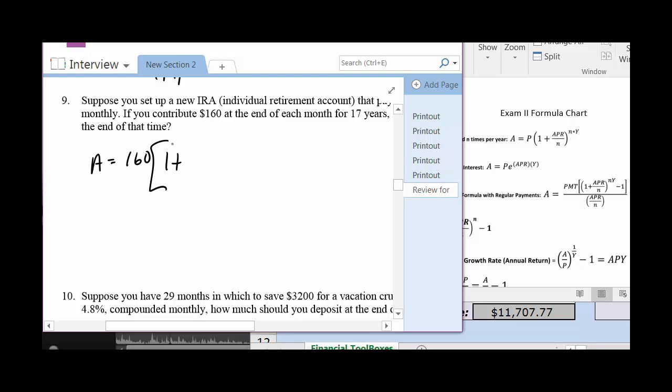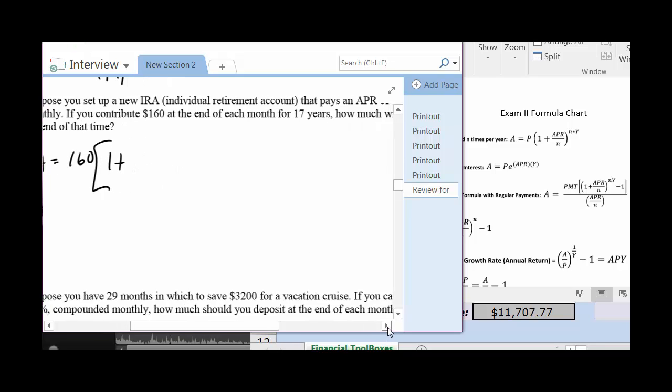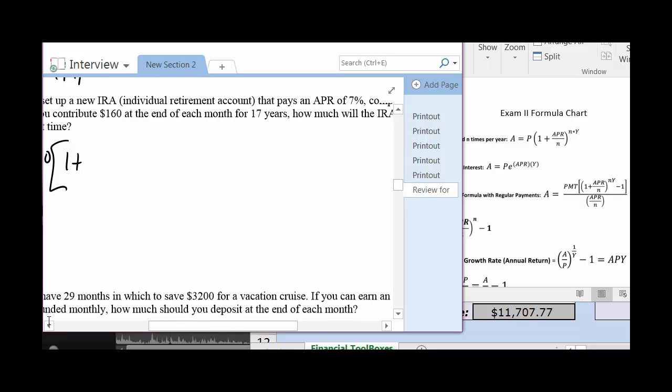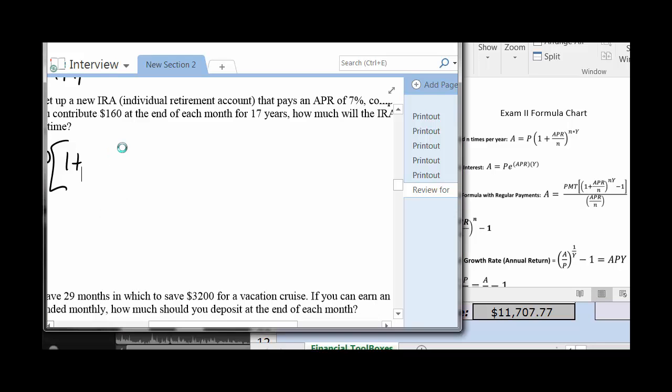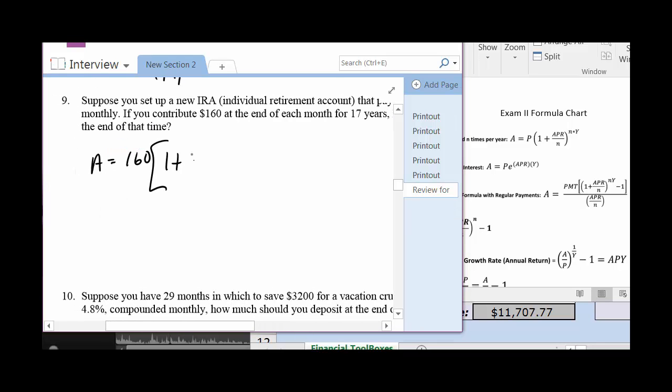1 plus, what was our APR? 7%. So 0.07 compounded monthly, so divided by 12, raised to the 12 times 17.